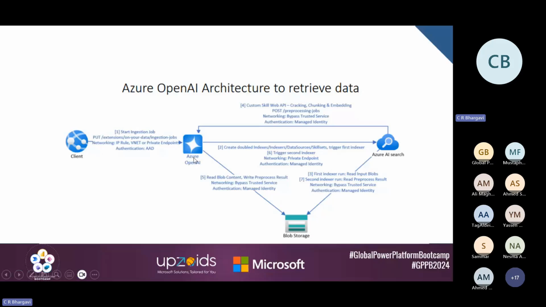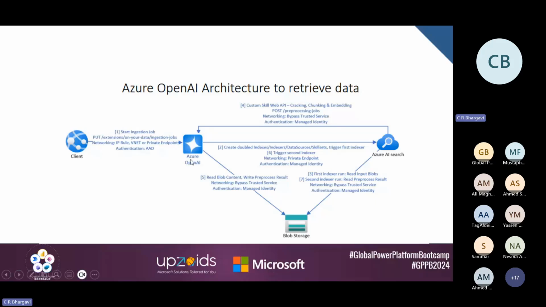When it hits the Azure OpenAI, it basically works in coordination with Azure AI search, as well as the data that you have given, which is stored in the blob storage or some other storage, which is your own organizational data.